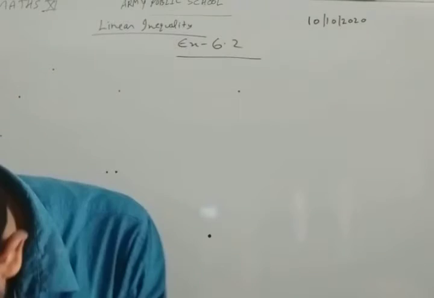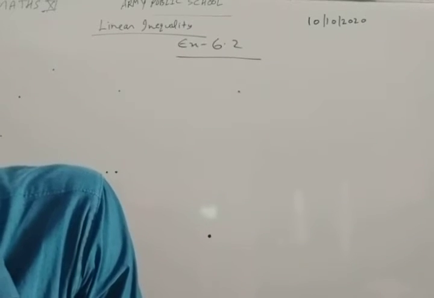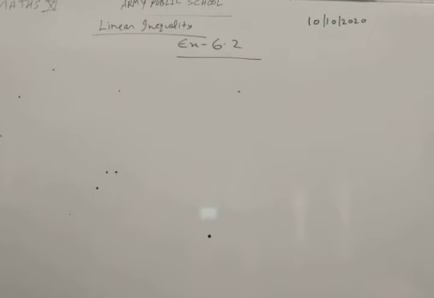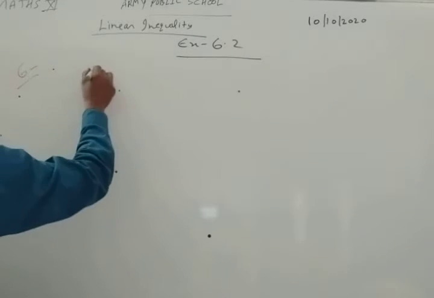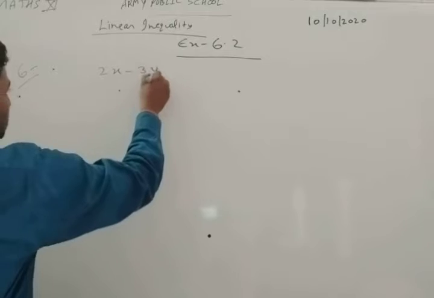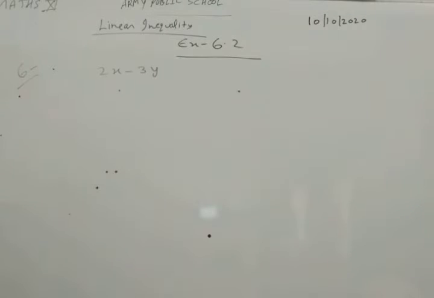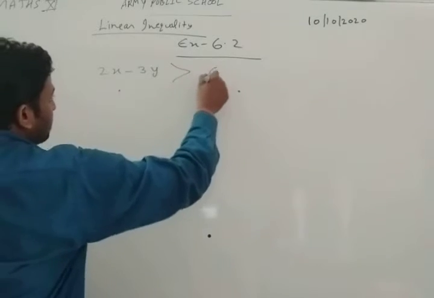Next question. Question number 6: 2x minus 3y is greater than 6.